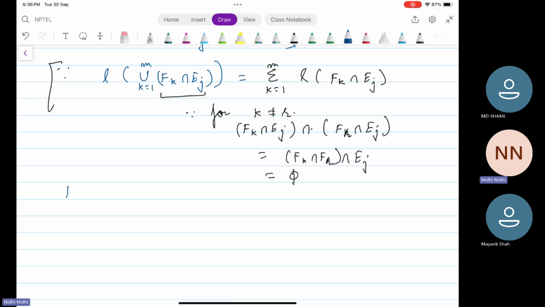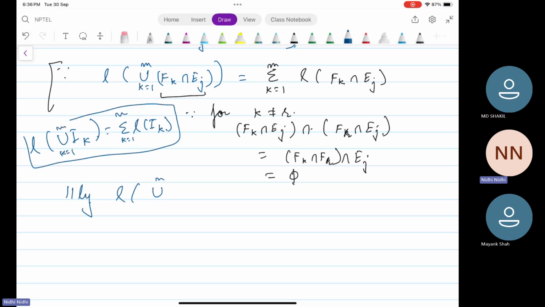Similarly, we have the length of the union j from 1 to n. We know that when we have a union of intervals, we can write the length of the union of Ik's as equal to the summation of the lengths of the Ik's only if the Ik's, k from 1 to m, are pairwise disjoint. So that's the main idea of how we got this equality.